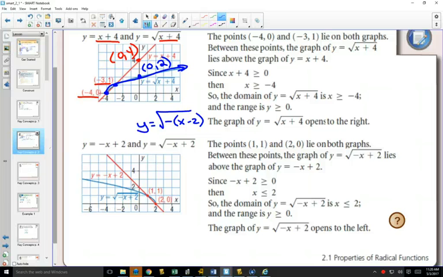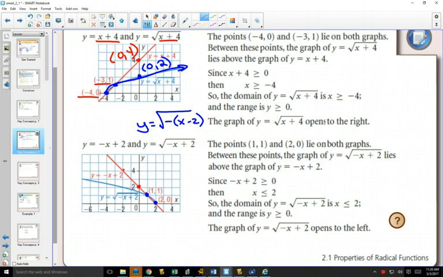Yes. But using our new technique, if we graph negative x plus 2, that's a really easy graph because it has a y-intercept of 2 and a slope of negative 1. We get that red line. Once you have that red line, you find out where is it equal to 0? Right there. Where is it equal to 1? Right there. What's another nice point?